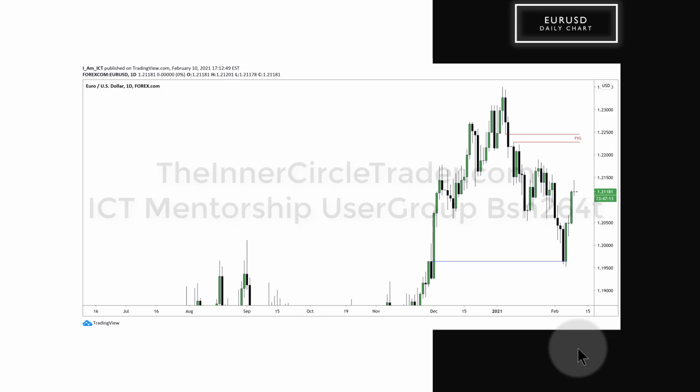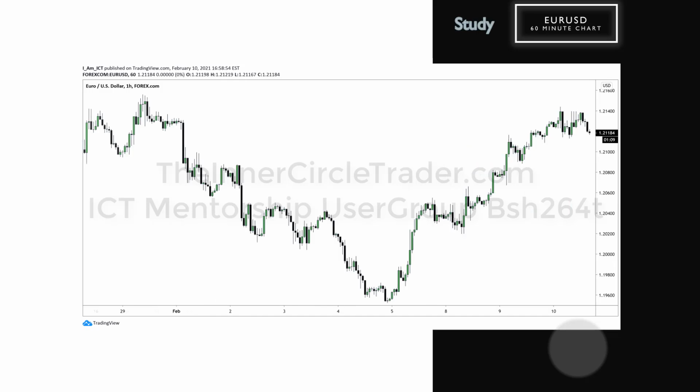And as a reminder, we have seen the completion of that dollar market maker sell model. So you're going to see this reoccurring theme when we talk about when markets have kind of ran their course for the week, and we try not to get too overzealous about taking new positions because it's already fulfilled its technical obligations. Euro dollar 1 hour chart.